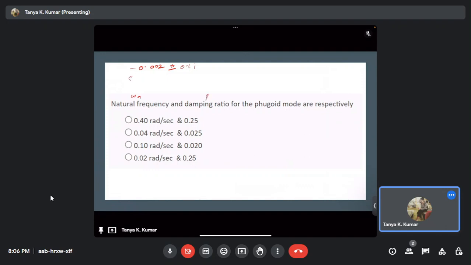So it was s square minus sum of roots into s plus product of roots. Okay, and your equation was... Find out.